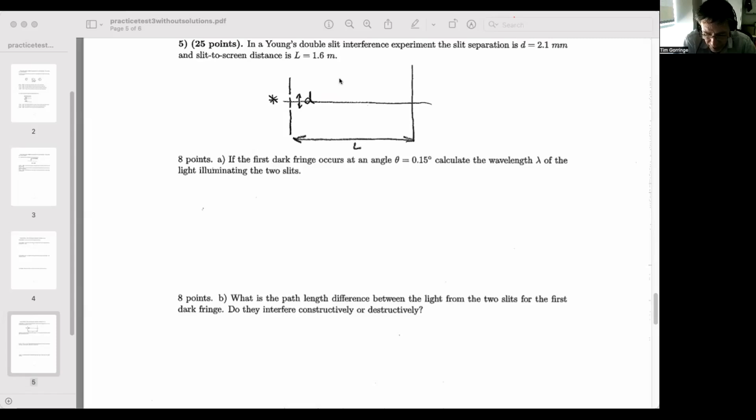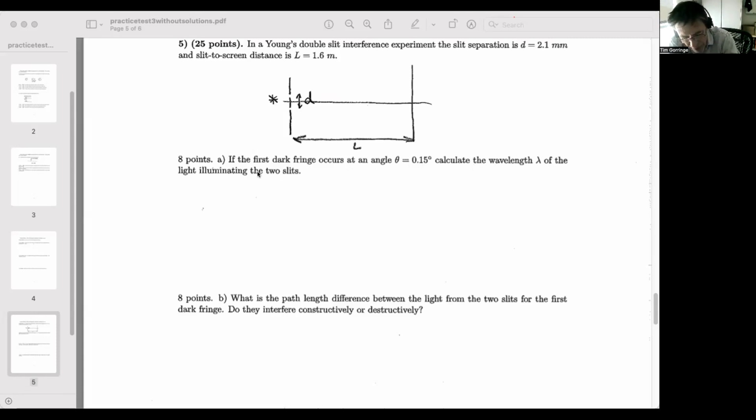Based on that geometry, and being told that the angle of the first dark fringe is 0.15 degrees away from the center of the screen, we're going to calculate the wavelength of the light. So let's see if we can do that.